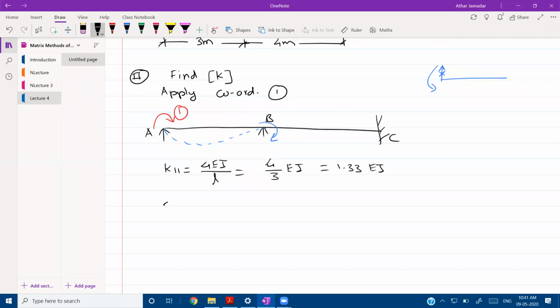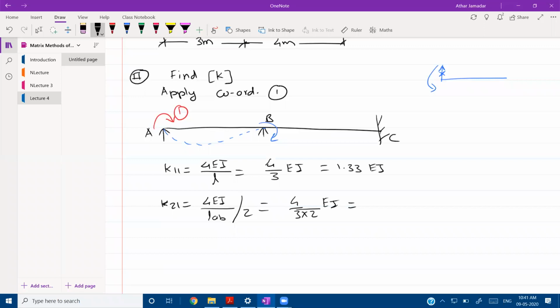Now next, K21. For K21, 2 is also a moment coordinate, 1 is also a moment coordinate, but the original moment is applied at 1. So here our K21 will be 4 EI by LAB, more importantly, divided by 2. So it is going to be 4 by 3 into 2 into EI.